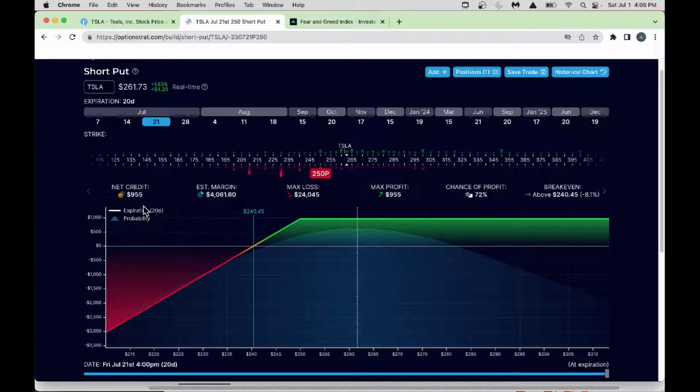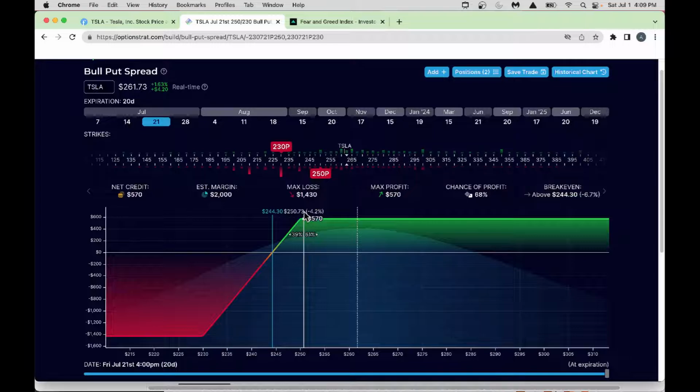Some of you may not want to sell a naked put. If that's the case, you could basically do a spread here. Look, we got 250 here, and there is high volume here. You could probably buy a put option here, maybe a 230 put. So that will make this a spread.